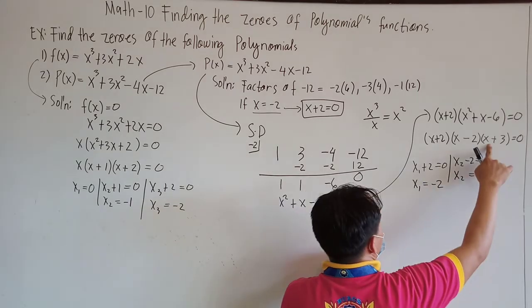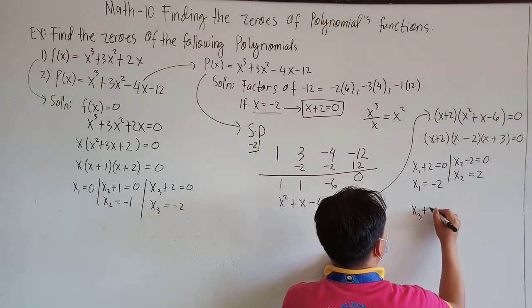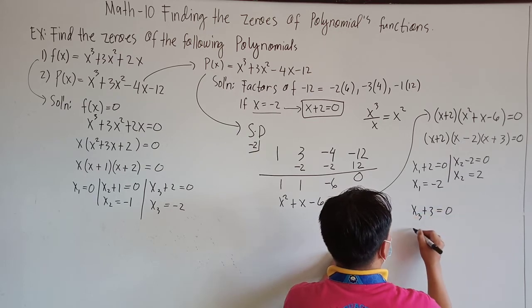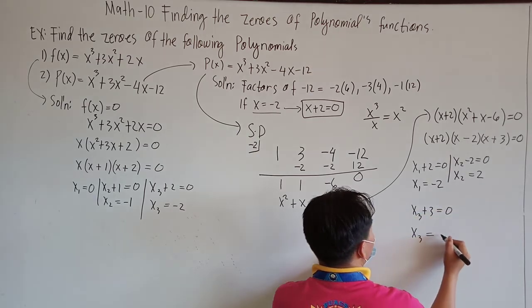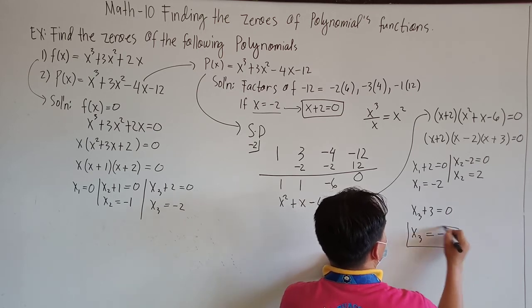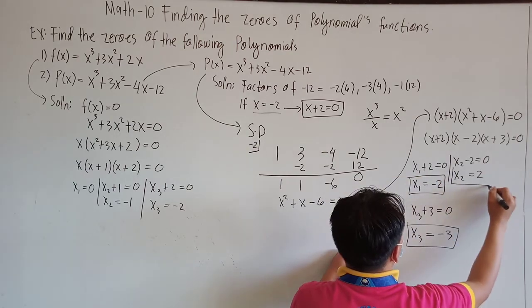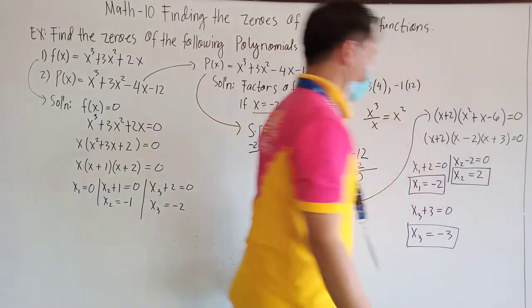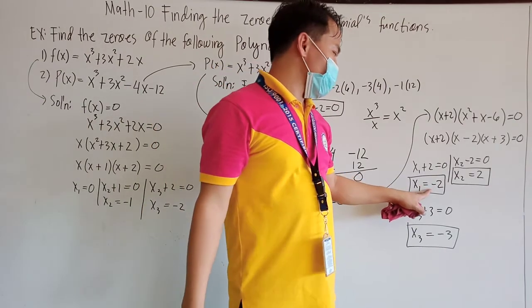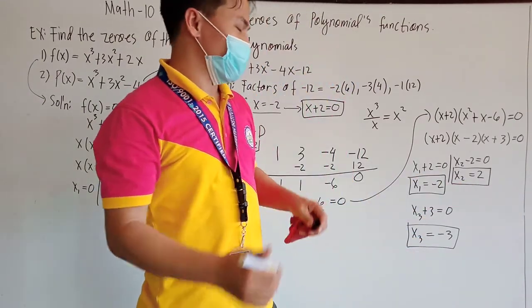Last, x3 plus 3 is equal to 0. x3 is equal to negative 3. Therefore, the zeros of the given function are negative 2, positive 2, and negative 3.